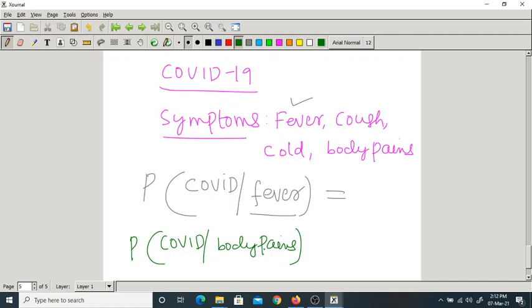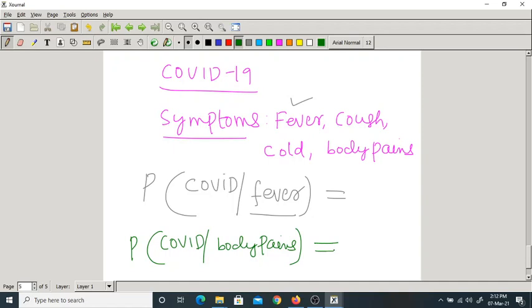Okay. Now, what we know is that the person is suffering from body pains. Then knowing that, I am asking what the probability is that he will be a COVID positive case. Okay. Now these are some examples of conditional probability.